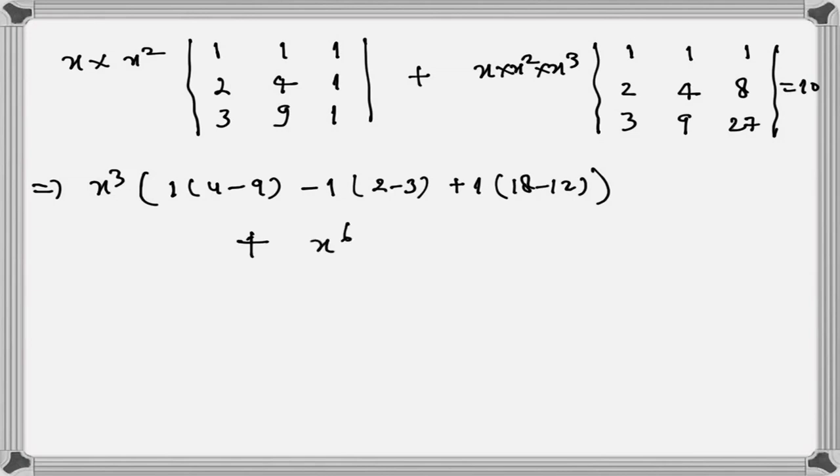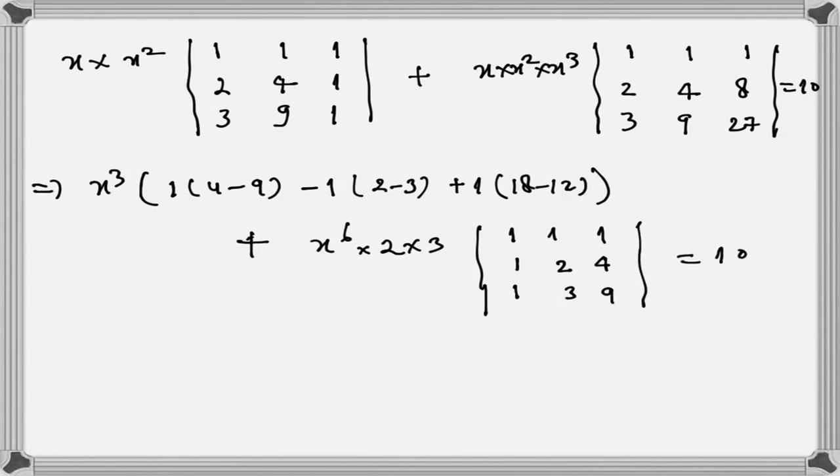Then here I will take 2 common from row 2 and 3 from row 3. So 2 into 3, we get the determinant (1, 1, 1), (1, 2, 4), (1, 3, 9). This is equal to 10.